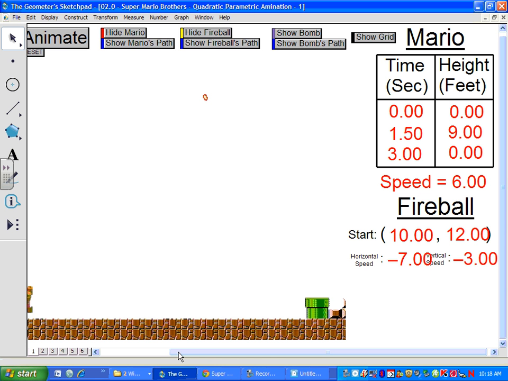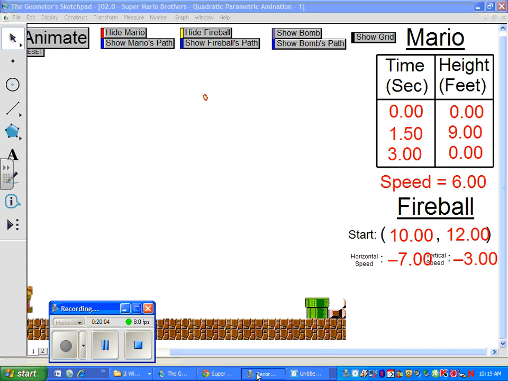So don't hold it against me if the fireball, the bomb, doesn't actually hit Luigi. So here we go. Let's animate and look at this. It says fireball, but I think it's really a bomb. So we just can't change that word from fireball to bomb. So let's watch this go.